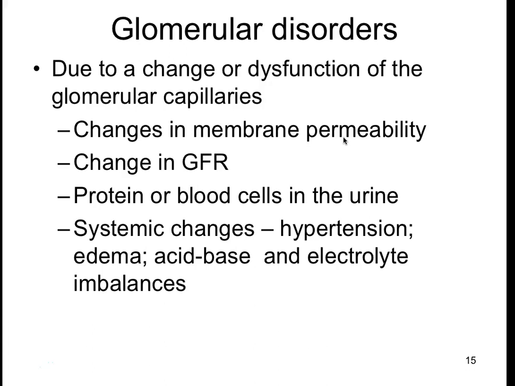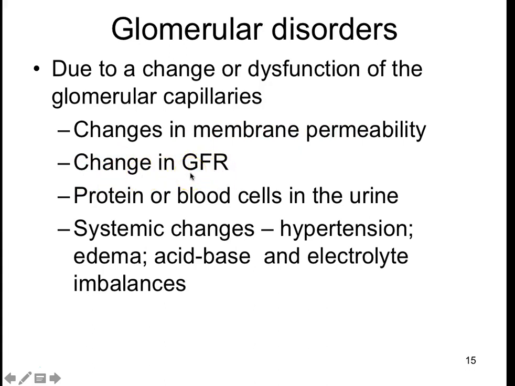That's incredibly pathological. That means that the membrane permeability is not discriminating between cells and tiny chemical solutes in the urine. And so the filtration is off, and it's not good. All right, so what would be happening with the change in permeability? Changes in GFR.